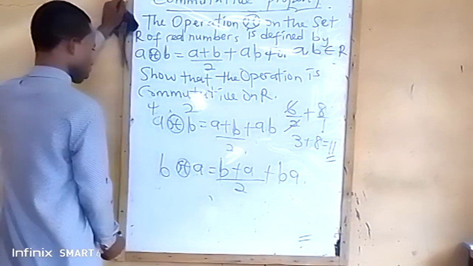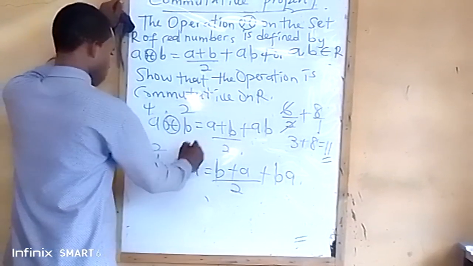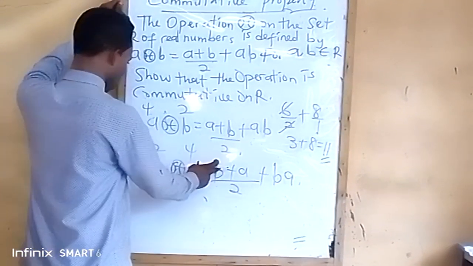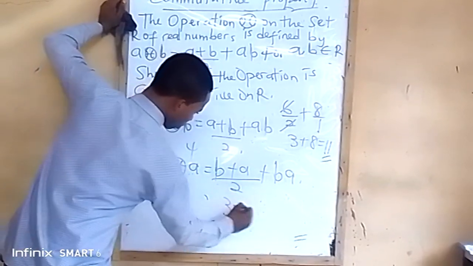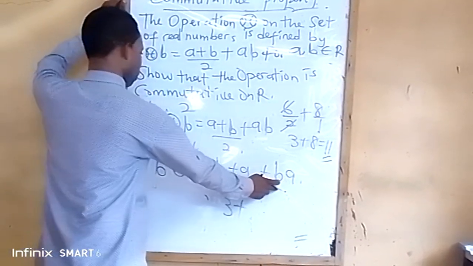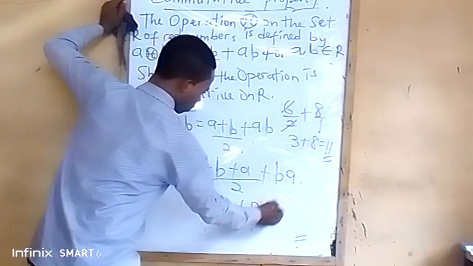Now don't forget, B is 2, A is 4. If I put 2 here, 2 plus 4 is still 6. 6 divided by 2 is 3. Plus 2 times 4, 8. 3 plus 8 is still 11.